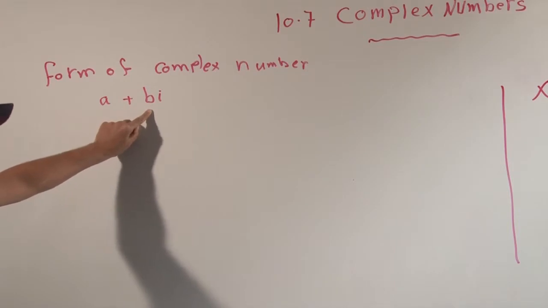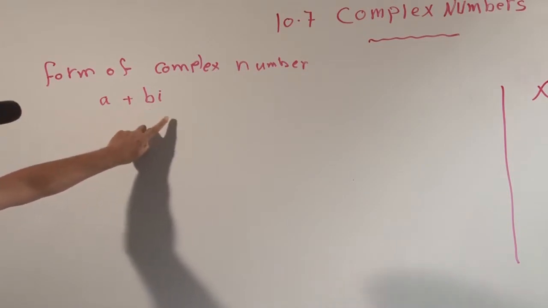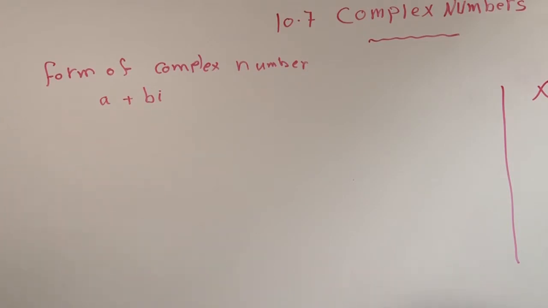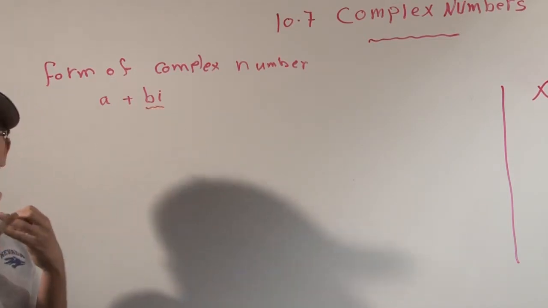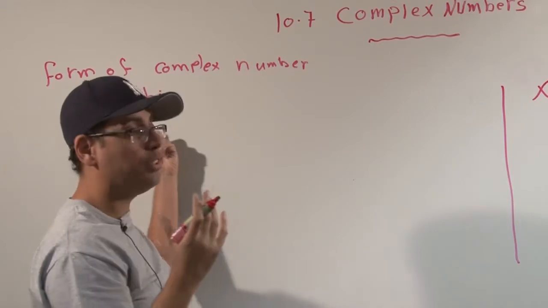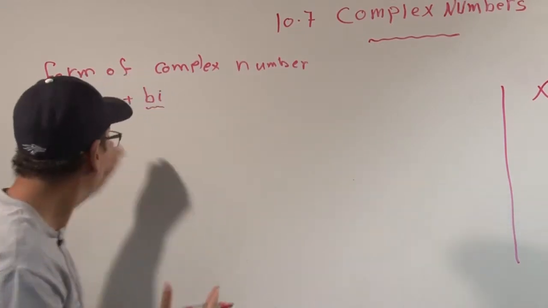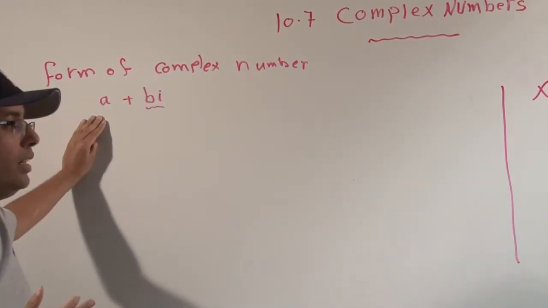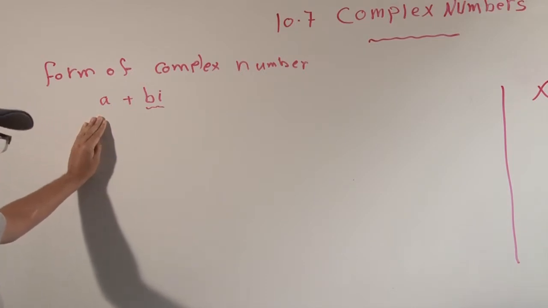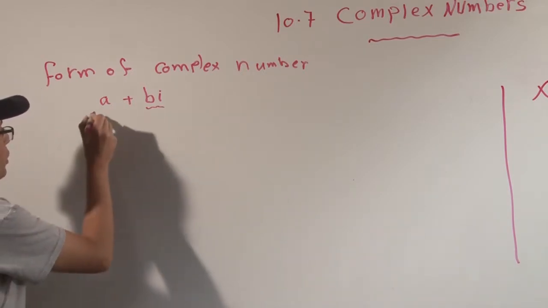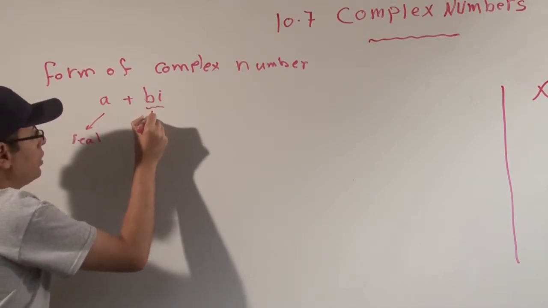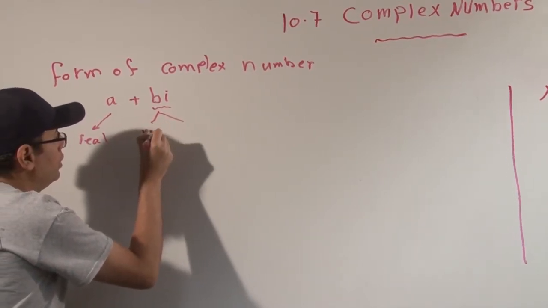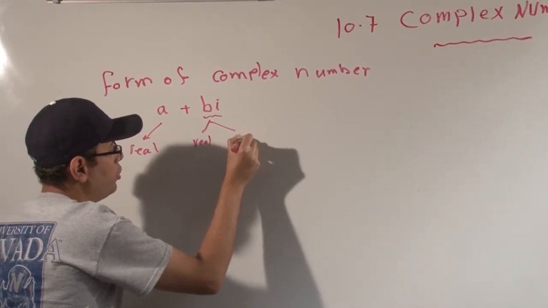The coefficient here is a real number as well, and this is the imaginary number. So this part could be a product of a real number and imaginary number. And the first part is a real number. So this is real, this is real, and this is imaginary.